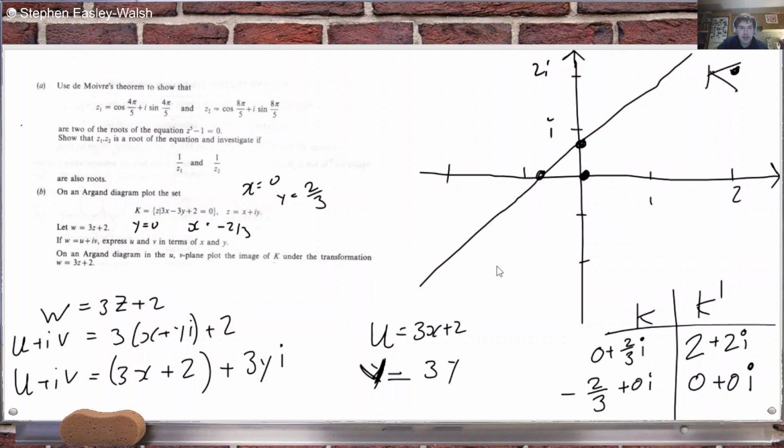Does that end up being parallel? Yeah, because that's 2/3 and that's 2/3, so that's K and that's its image. So it made it 3 times bigger and then translated it to the right 2 units.